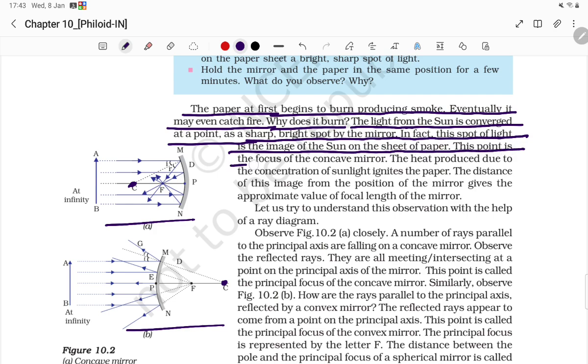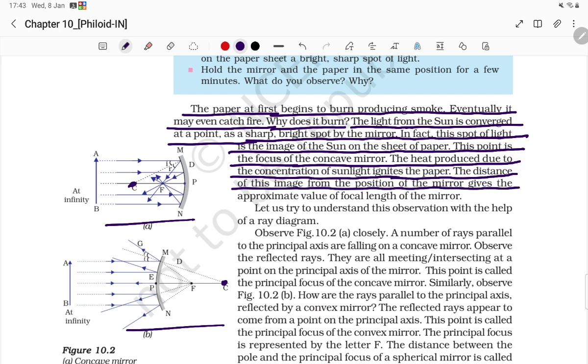This point is the focus of the concave mirror. The heat produced due to the concentration of sunlight ignites the paper. The distance of the image from the position of the mirror gives the approximate value of the focal length of the mirror.